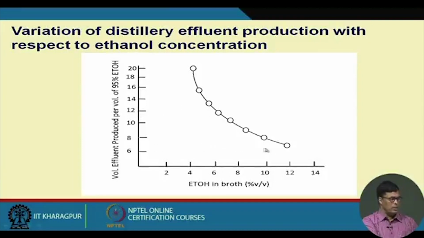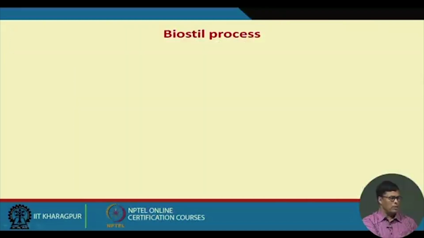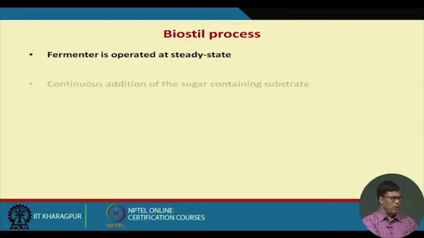Nowadays the ethanol concentration has increased to 14 to 15%, and the volume is drastically reduced. So this is the typical advantage of an efficient fermentation process, efficient meaning higher concentration of alcohol production.